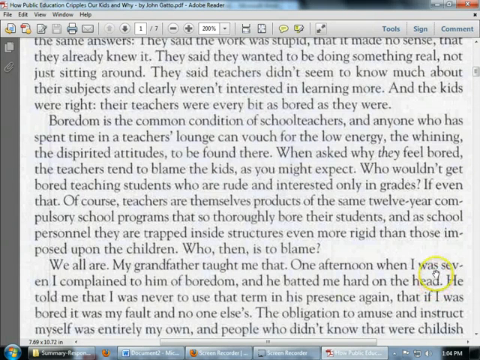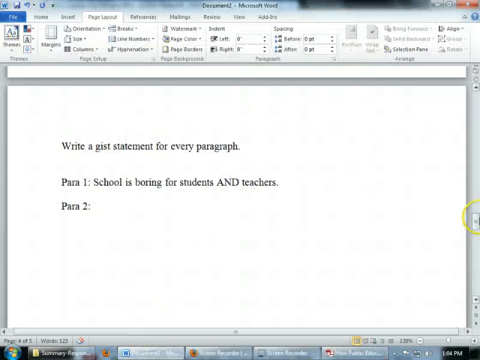So in this paragraph, I think the gist of what Gatto is trying to get at is that he's trying to talk about why our teachers are bored. He just told us that teachers are bored. Here he's talking to us about why they are bored. So the gist of why they are bored is basically that the system perpetuates itself in a cycle of boredom.